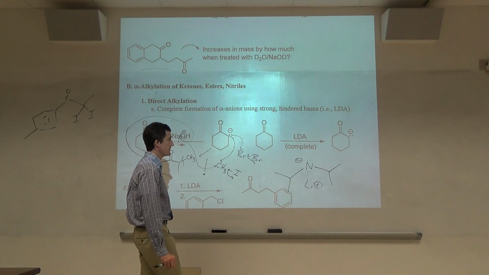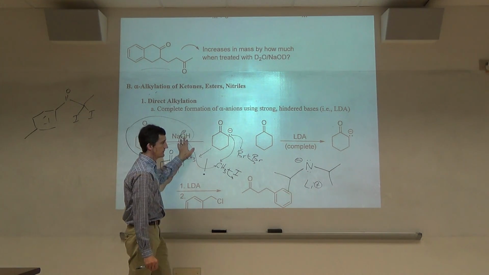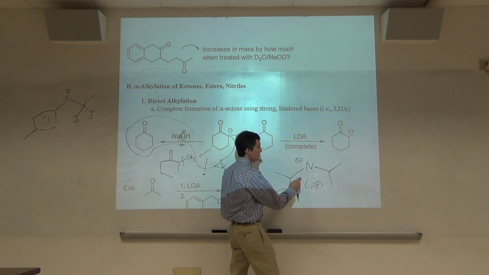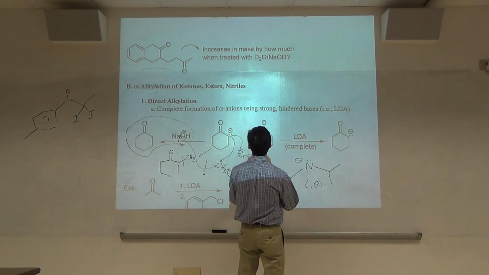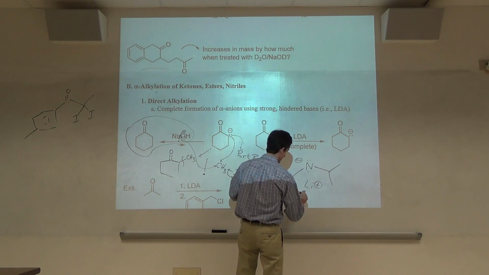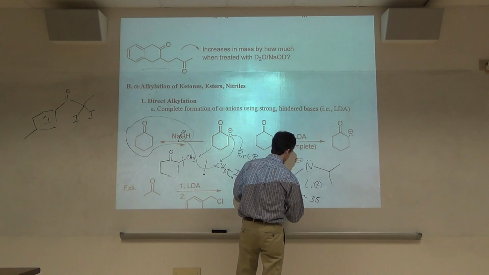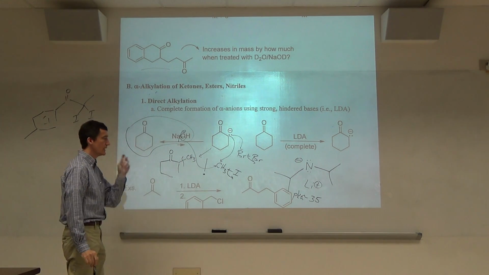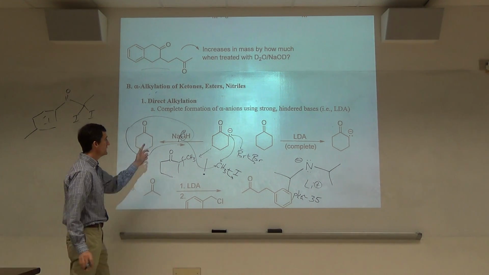Okay? Now which is the stronger base, that or hydroxide? This, because nitrogen doesn't like being minus as much. The pKa of this is about, do I have it listed? I don't think I have it listed. It's about 35. Now, of course, that's a pKa referring to the conjugate acid. What's the pKa of hydroxide?